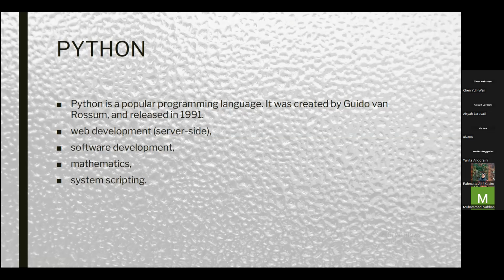It was created by Guido from the Netherlands and released in 1991. If anyone is interested in this history, I encourage you to find the developer easily on the internet and see the development history of Python.